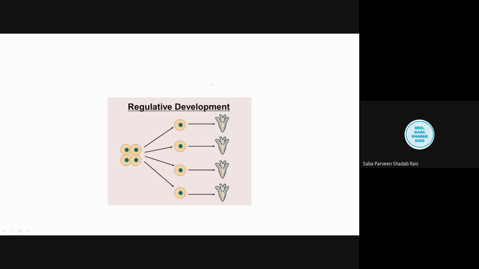On the basis of development, egg could be mosaic egg or regulative egg, and at the end we saw the presence or absence of the shell. If the shell is present, as a calcareous shell, the egg is called a cleidoic egg, and if the shell is absent, a non-cleidoic egg. So this is all about types of egg.